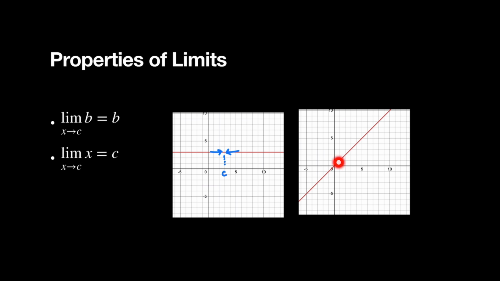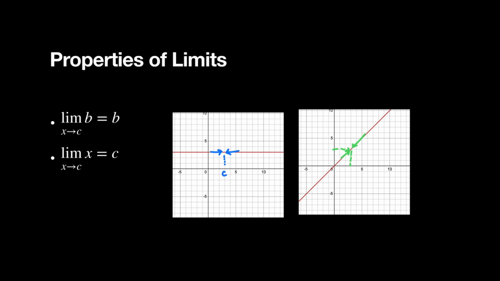This line goes through the point 1, 1, 2, 2, 3, 3, etc. And so what this property is saying is that anywhere on this line, if you find the limit as x approaches, for example, 3, the y values are also approaching 3. So the limit of x as x approaches c is always going to be c. Basically saying that x and y values are going to be the same.